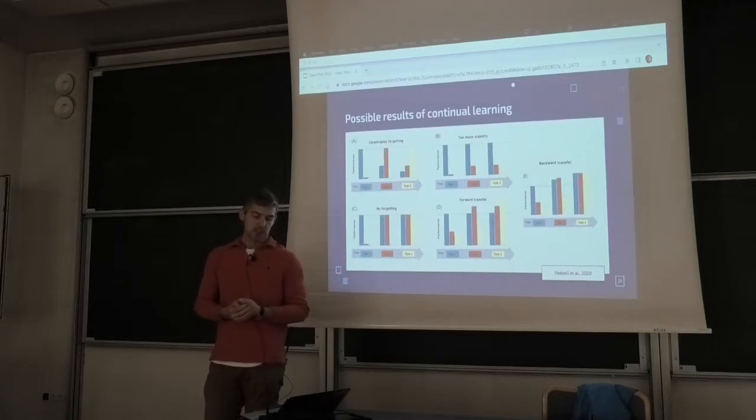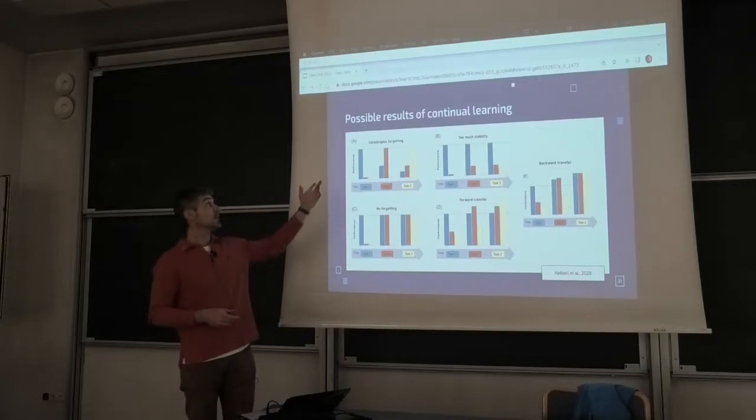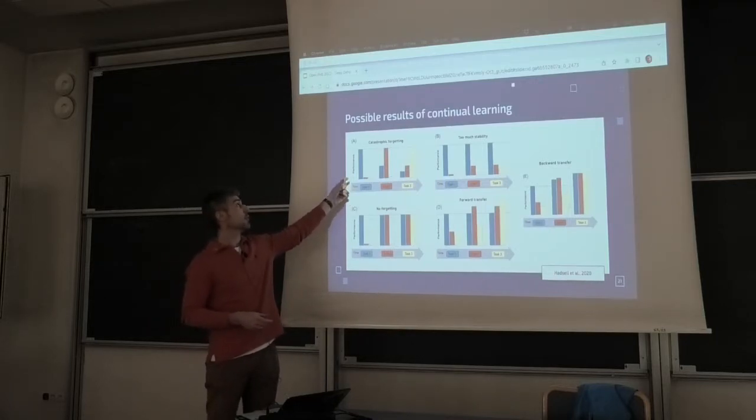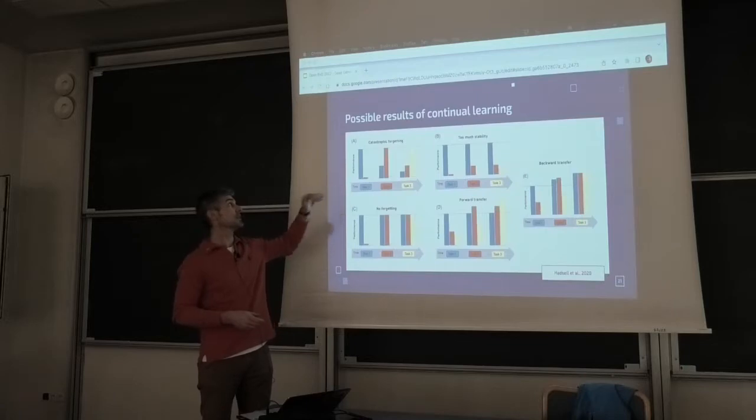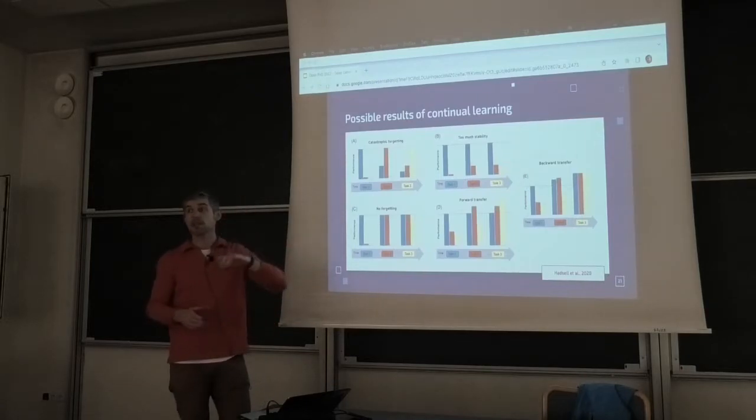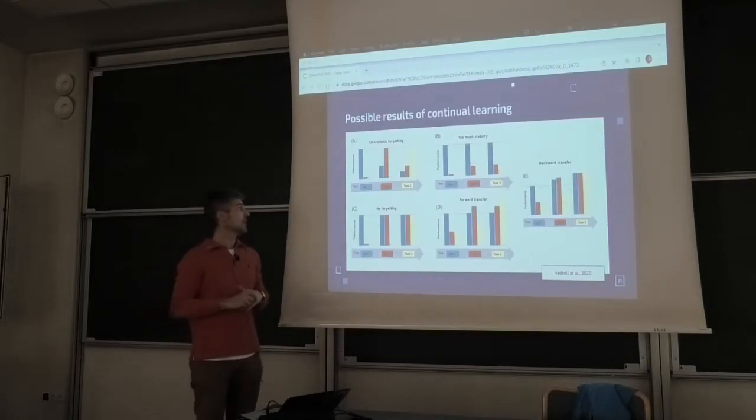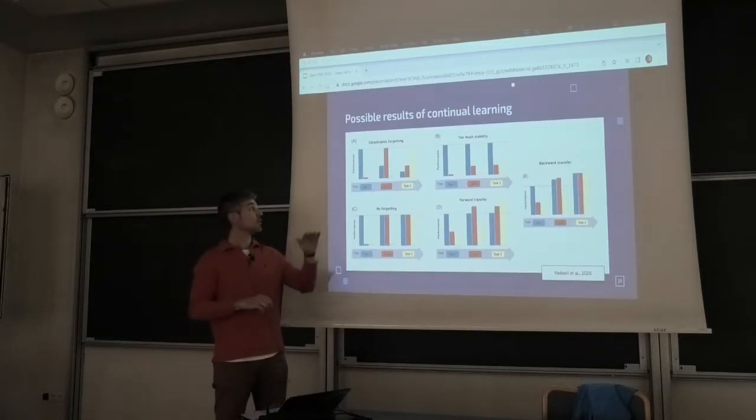So the possible results of continual learning, when you look at the accuracy of your models, are the following. The performance on task number 1 is, let's say, max, or 100%. Well, 100% is not quite right, so let's say it's a unit vector that goes to 1.